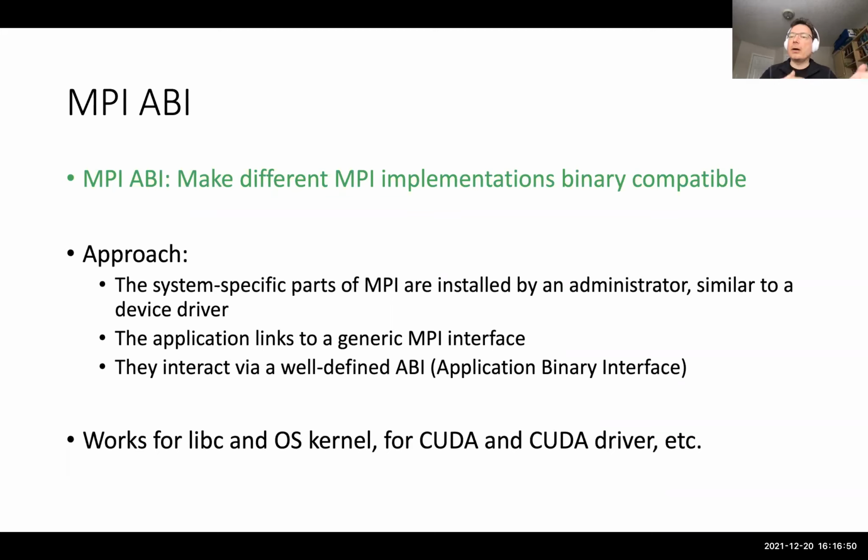So you can just download your own version of CUDA, and it works because the hardware-specific bits, the CUDA driver, is already there, and they're presumably using some kind of API, and you can have version mismatches there, and everything is fine. And that's what we need for MPI. We need something that decouples the application from the details of the MPI implementation.